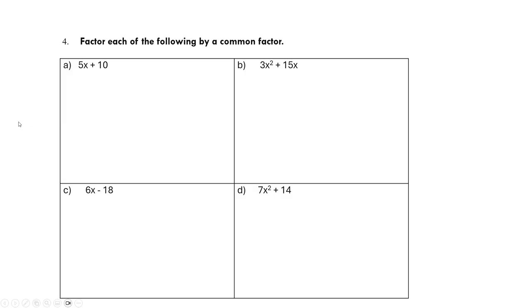Factor each of the following by a common factor. Well, the common factor here is 5. The common factor here is 3x. The common factor here is 6. The common factor here is 7.